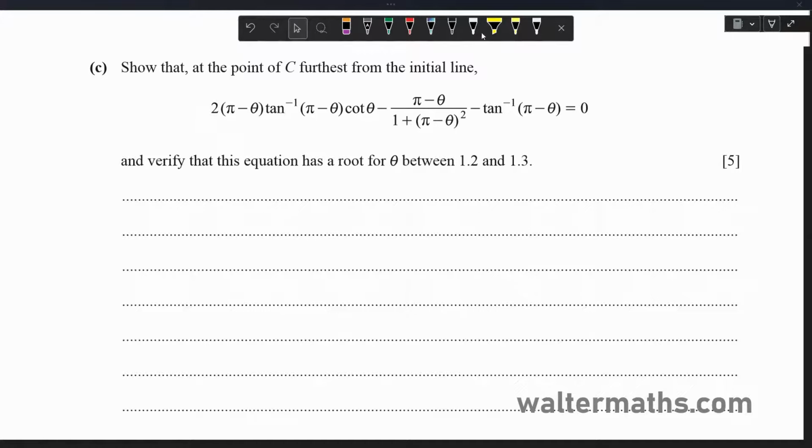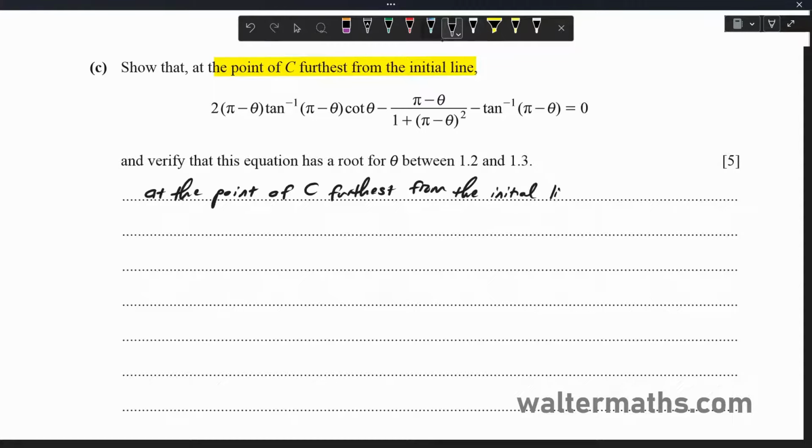So the key part is the point furthest from the initial line. So at the point, let me just write that down. At the point of, in this case, it's the curve C, furthest from the initial line, you need to know that dy by d theta is equal to 0.